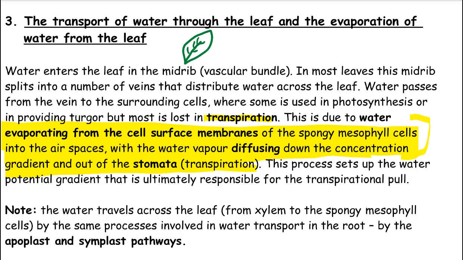This process sets up the water potential gradient that is ultimately responsible for the transpirational pull. Now the water will travel across the leaf from the xylem to the spongy mesophyll cells by the same processes involved in water transport in the root, by the apoplast and symplast pathways.